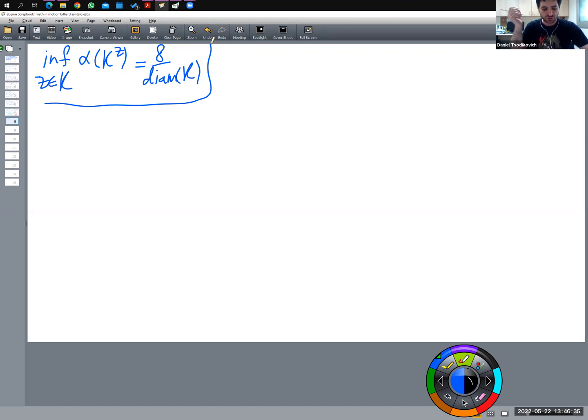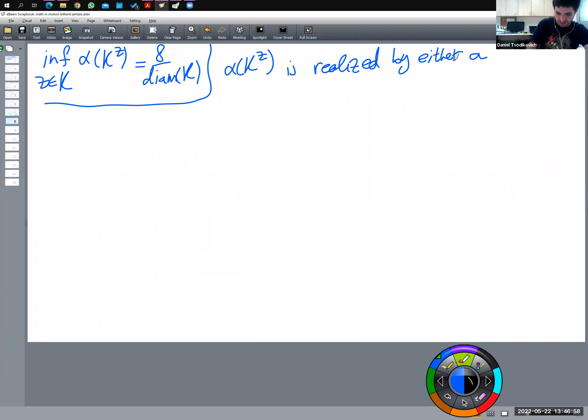We are in dimension 2, so we know that in the dual KZ, the shortest billiard orbit is either a 2 orbit or a 3 orbit. So alpha of KZ is realized by either a 2 orbit or a 3 orbit.